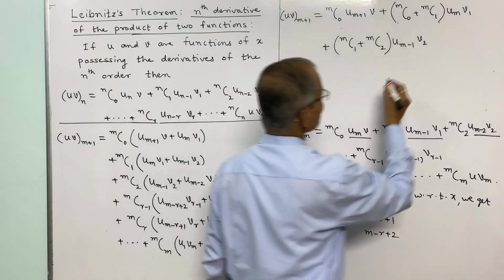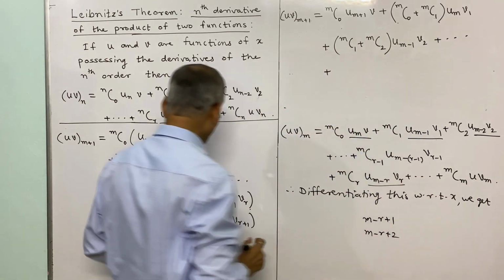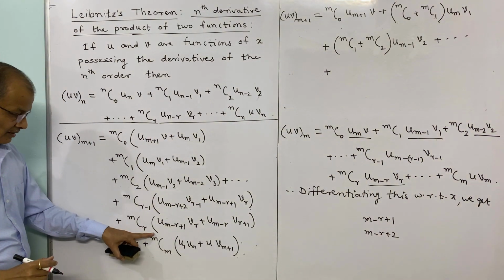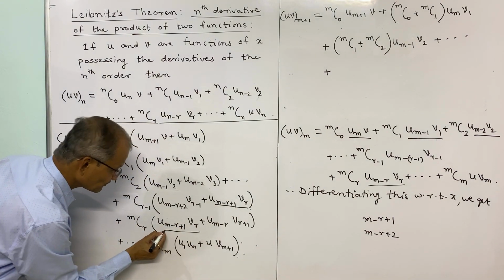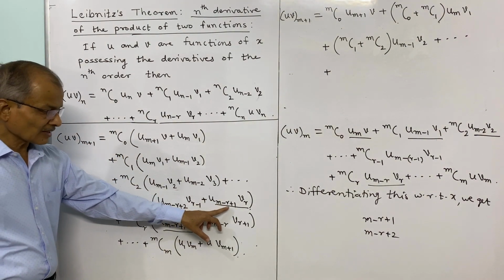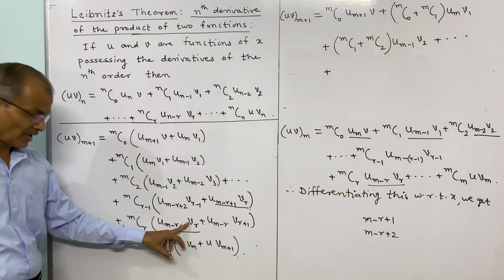Now from these two general terms you observe u m minus r plus 1 into vr is common.